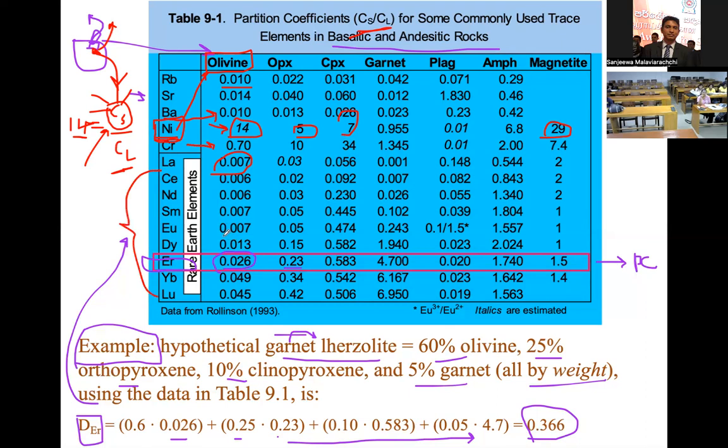That's why it's low here, because olivine is a solid phase. That means in olivine you don't see much rare earth elements. That's the simple indication there. Okay, so all the rare earth elements are incompatible in olivine.